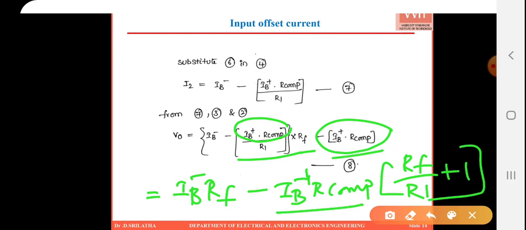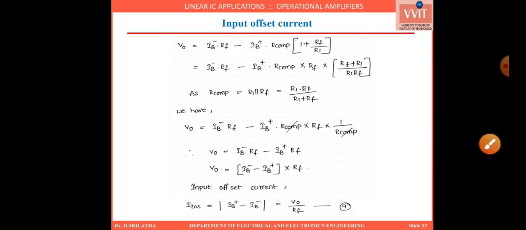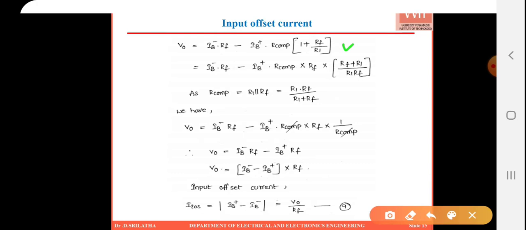Then on taking LCM, let us see that in the next slide: RF plus R1 by R1 RF. Then R1 plus RF by R1 only. For this expression, I am going to multiply and divide by RF, so in the denominator we have RF and in the numerator we have RF.